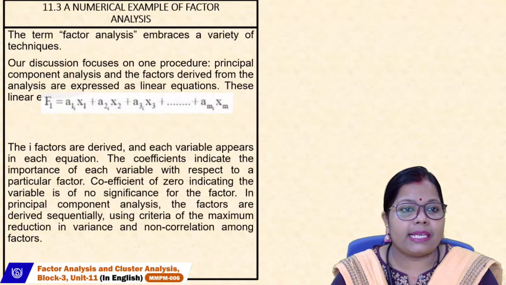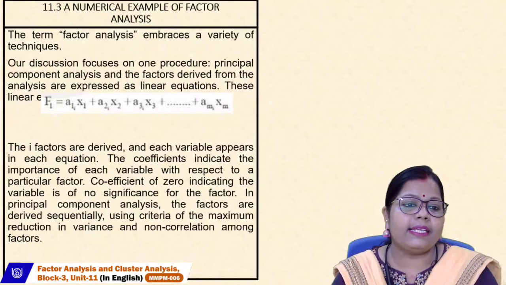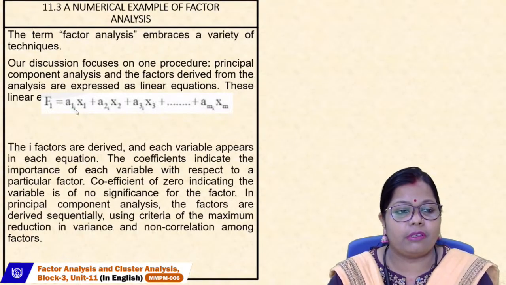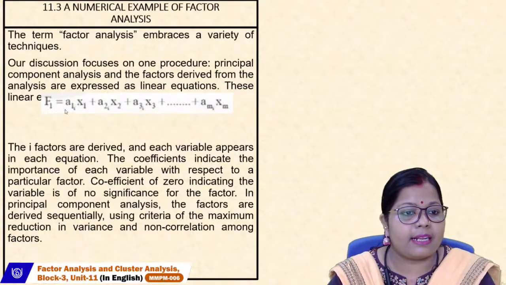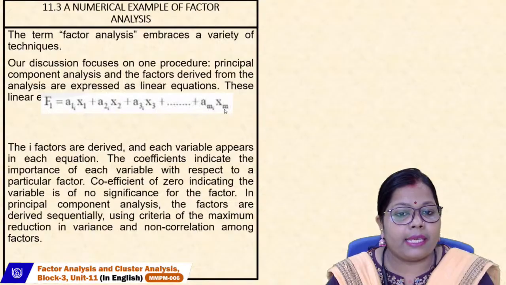So the numerical example we have cited here for factor analysis: we can see the equation here, where F stands for the factor. It is a1i x1 + a2i x2 + a3i x3 plus so on, up to ami xm.